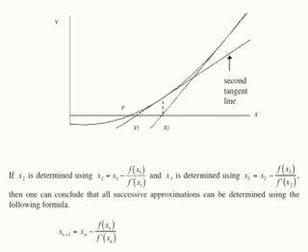From this, one can conclude that all successive approximations can be determined using the formula x_(n+1) = x_n - f(x_n) / f'(x_n). This is the general formula that we use when attempting to find the zeros of a function using Newton's method.